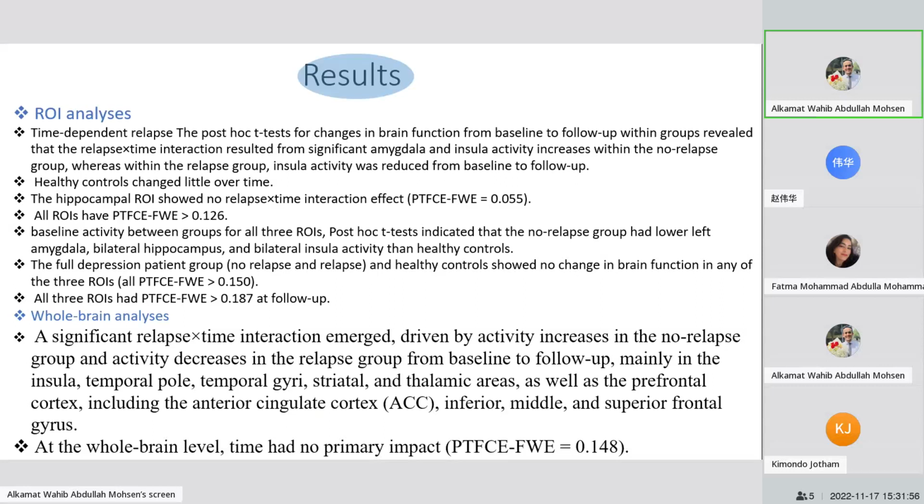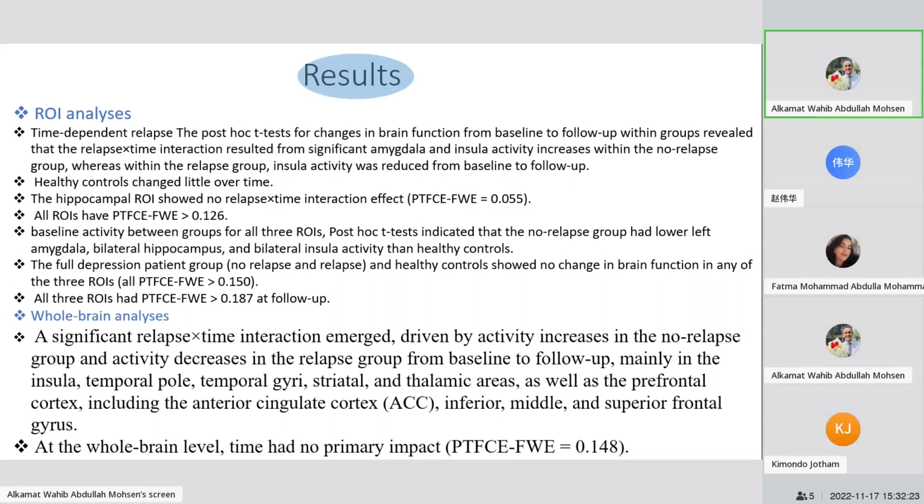The groups revealed a relapse by time interaction result for significant amygdala and insula activity increase in the no relapse group, whereas in the relapse group, insula. And here we can see the healthy control changed little over time.